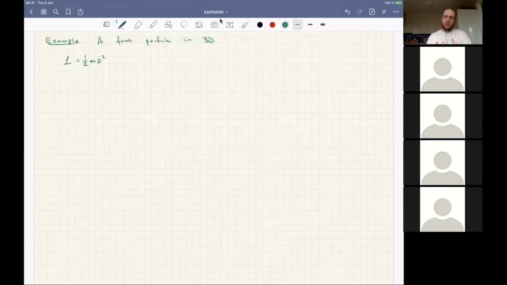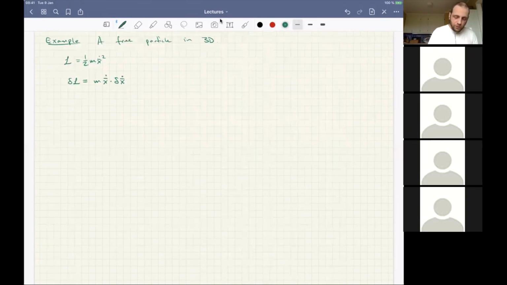If we want to look at the change of this Lagrangian when we make transformations to x, we get that δL is m ẋ times δẋ.